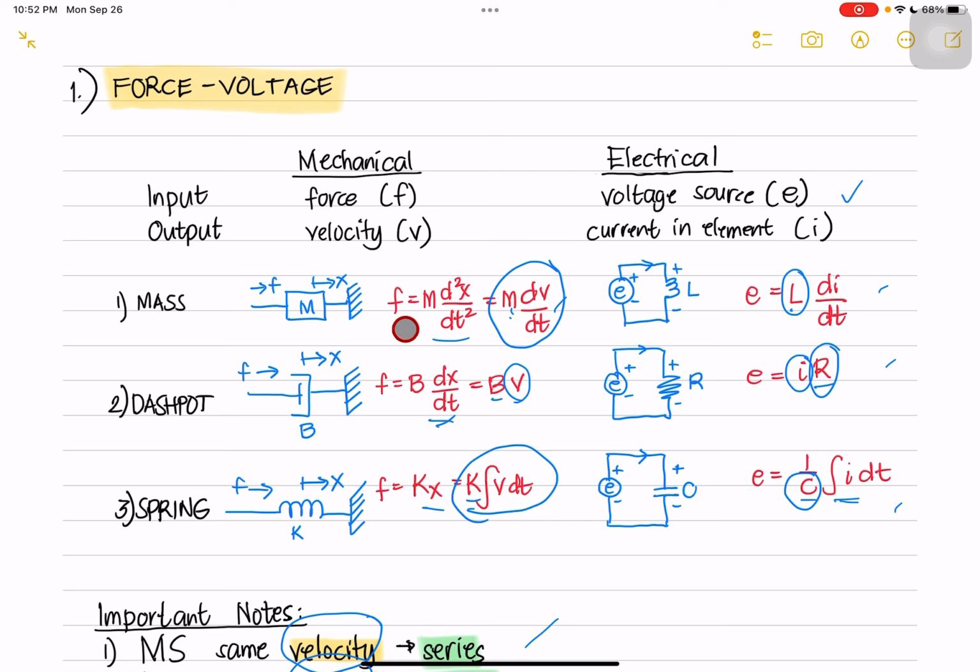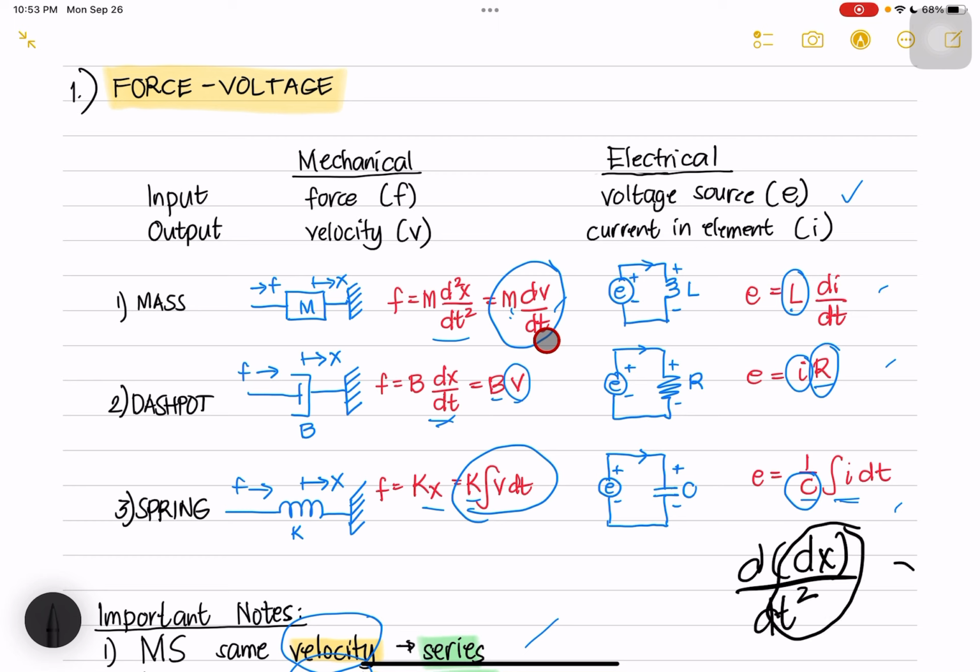So F, or force, will be equal to mass times the second derivative of the displacement over time. So it can be represented as m dv over dt. So paano nangyari yan? It's because of the derivative of dx over dt squared. Okay? So hiniwalay lang natin tong dx over dt.